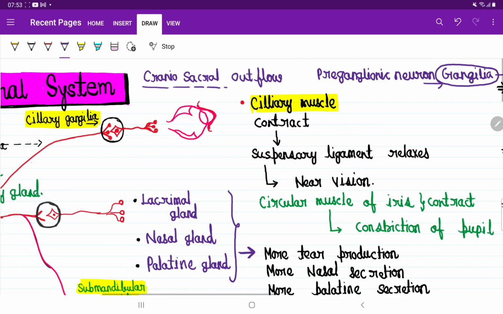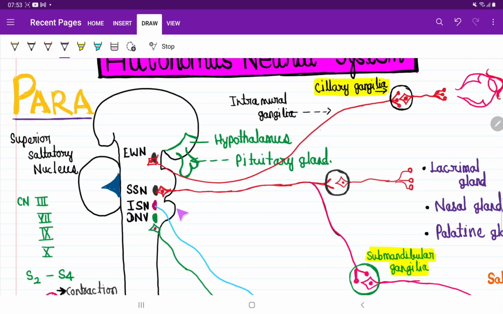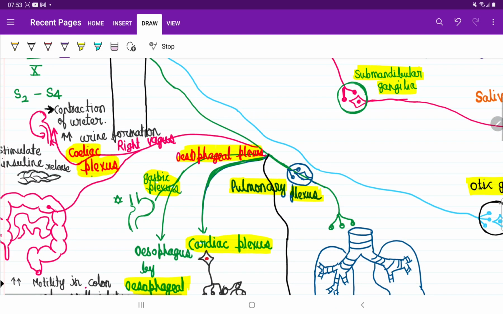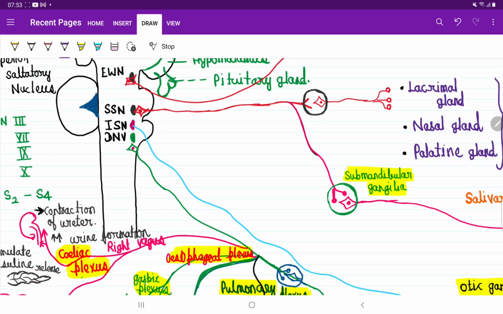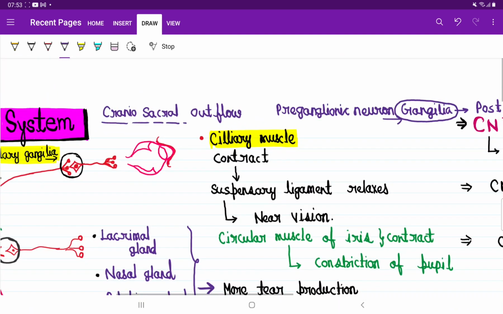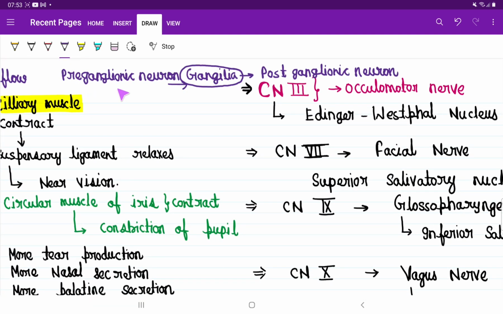Another thing, the neuron which arises from the central nervous system, either from the brain or from the spinal cord, releases acetylcholine here. In the ganglia this preganglionic neuron releases acetylcholine. And you all know, if a neuron releases acetylcholine, we call that neuron a cholinergic neuron.